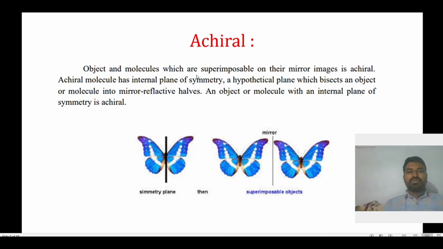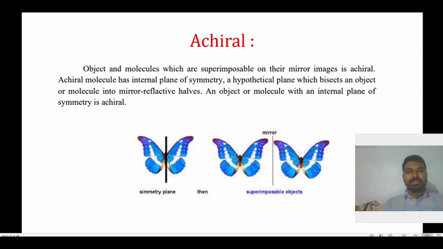Now what is achiral? Objects and molecules which are superimposable on their mirror images are achiral. An achiral molecule has an internal plane of symmetry, a hypothetical plane which bisects an object or molecule into mirror reflective halves. This is a butterfly diagram, and if we draw a plane over here, the two parts are similar.